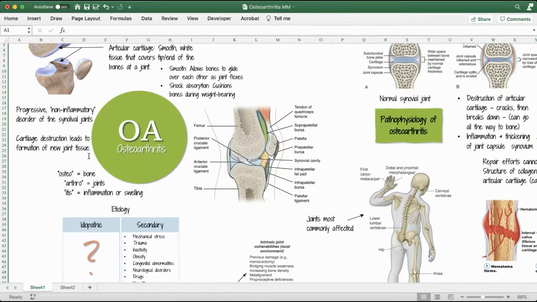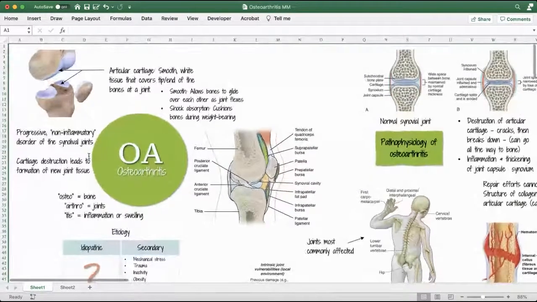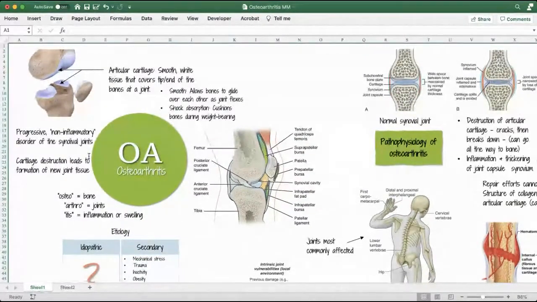And then from there, your inflammatory system may or may not kick in, and then you will have inflammation. So it's not that you won't have any inflammation when you have osteoarthritis. It's that it begins with this progressive destruction on its own.